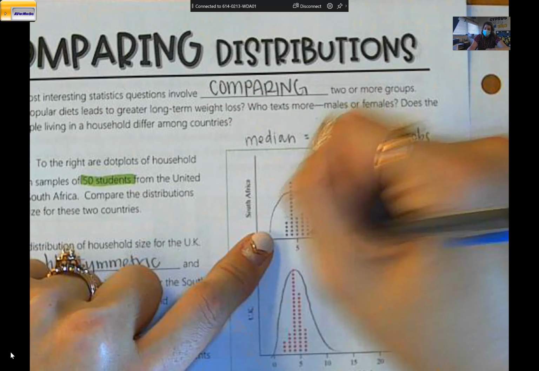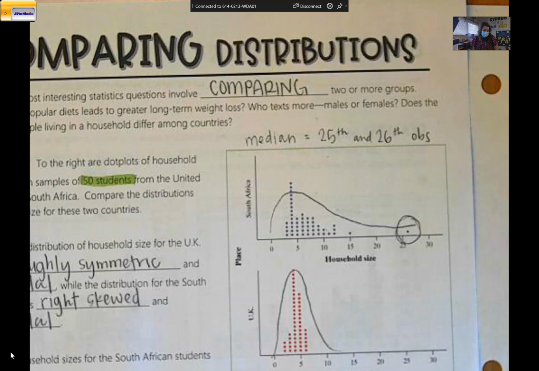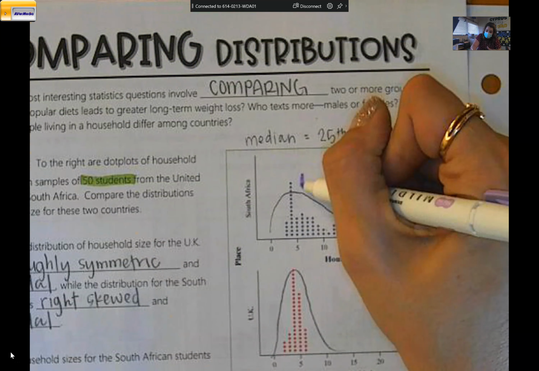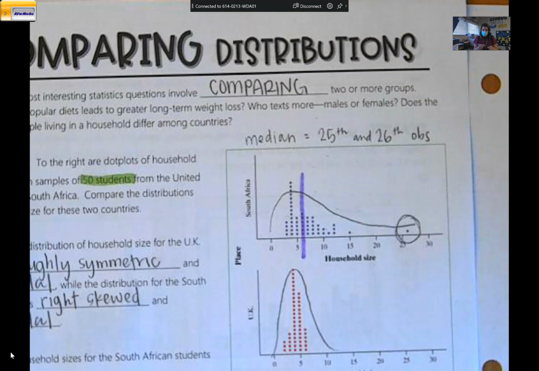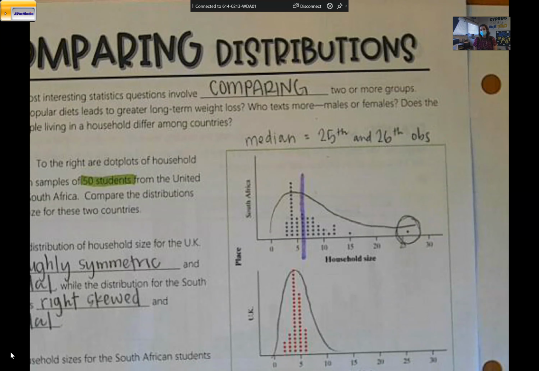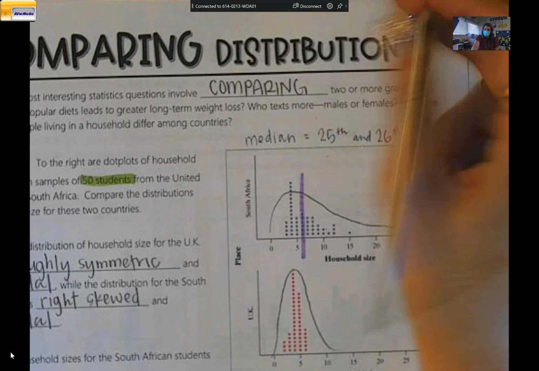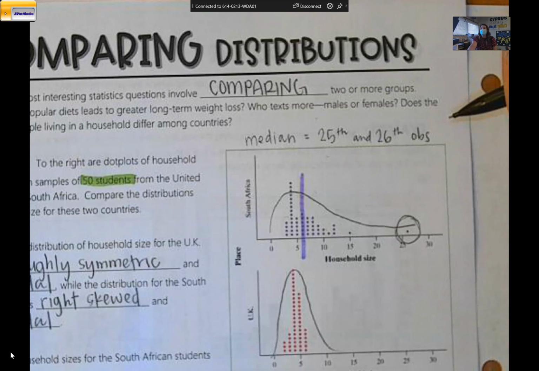So I am on the 6 for the household size. The 25th and 26th observation are in that set of dots. So the median for this guy is 6 people in a household.